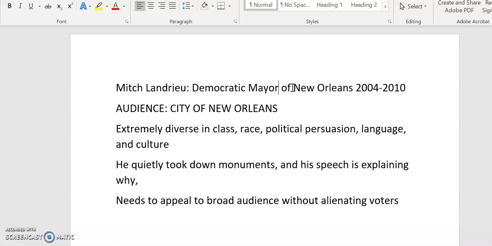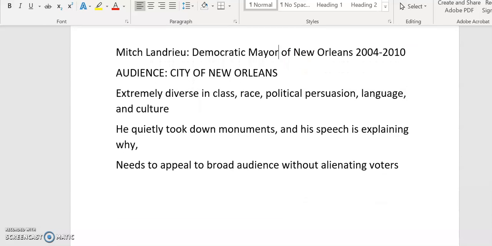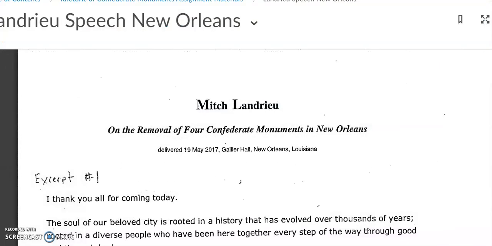And he has to thus appeal to a broad audience without alienating voters, but also to minimize the possibility of a lot of conflict among the different parts of the city over this issue. So that's his audience, and that's his goal. And I think that will help you kind of have some ways to talk about his rhetorical strategies. So that's that. Let me drop that down.